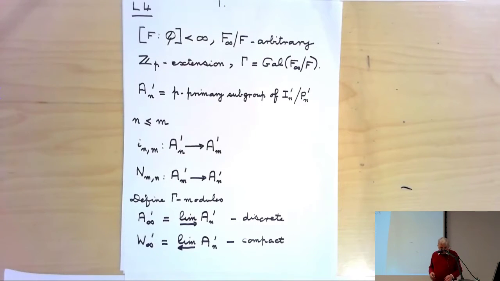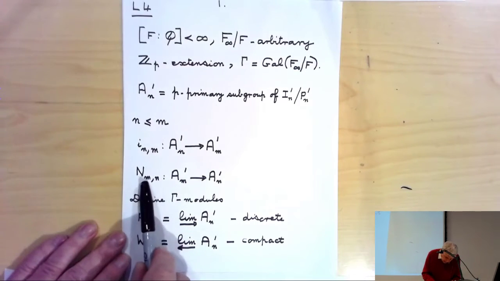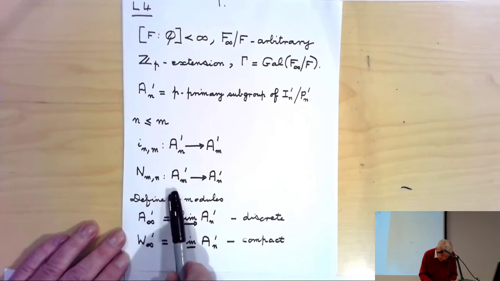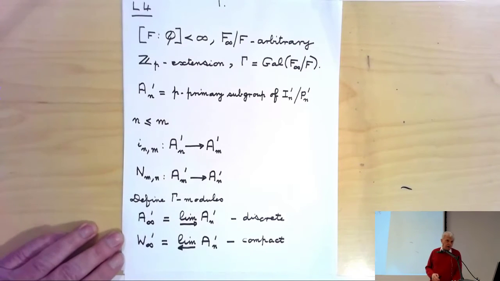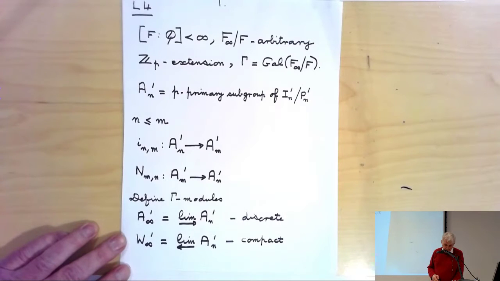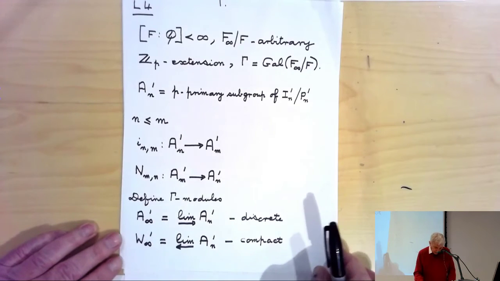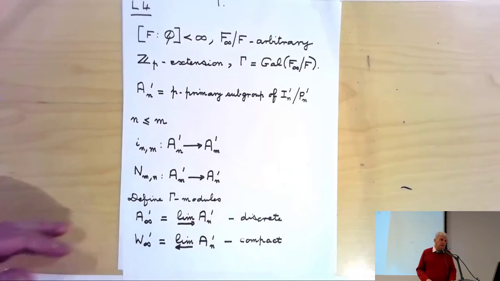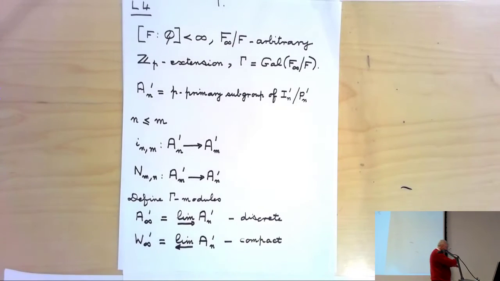And then there is the norm map going the other way, the norm N_{m,n} from A_m prime to A_n prime. In fact, of course, it is surjective once there is a totally ramified prime. We'll be analysing that more fully later.